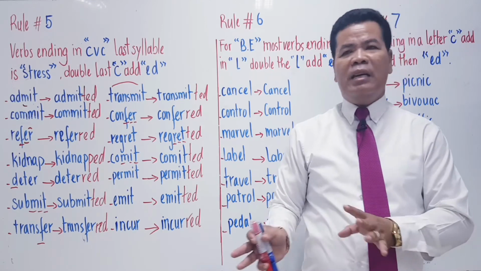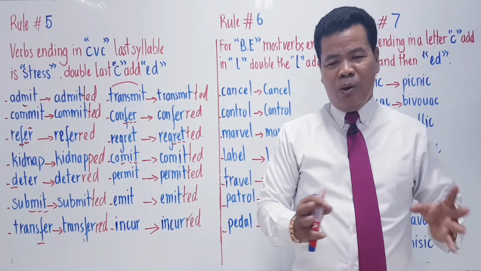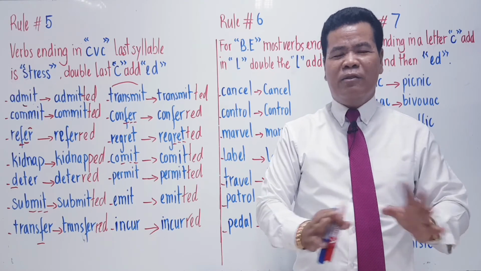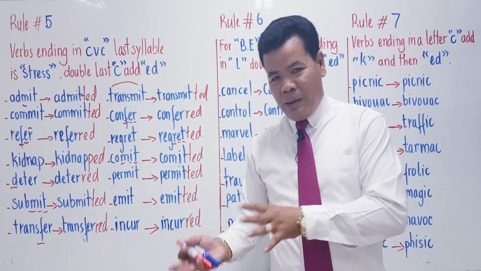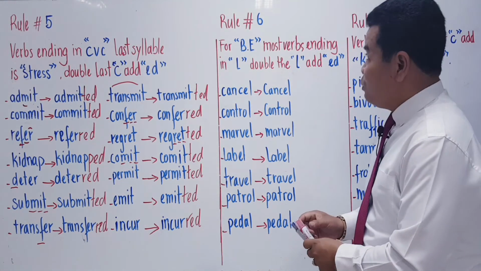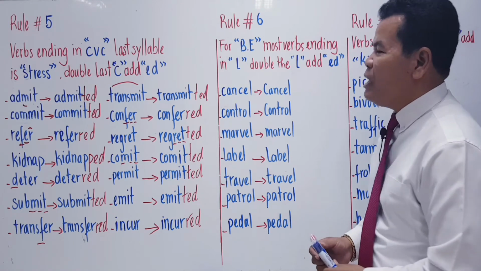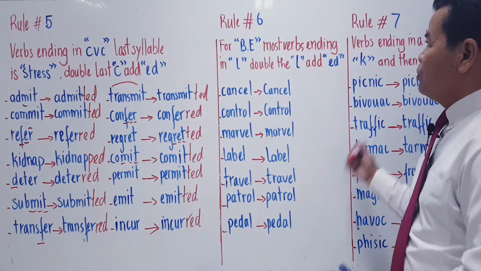BE means British English, AE means American English. I think it is not quite different, only a little bit different, between British English and American English, all right? But now I give you rule number 6 related to BE, British English, okay? So now, let's have a look.